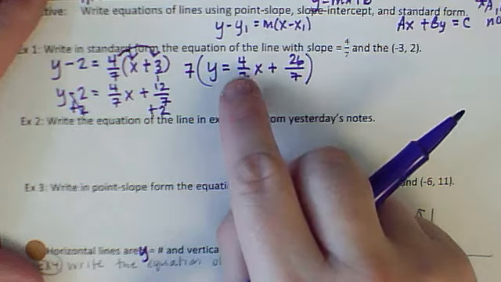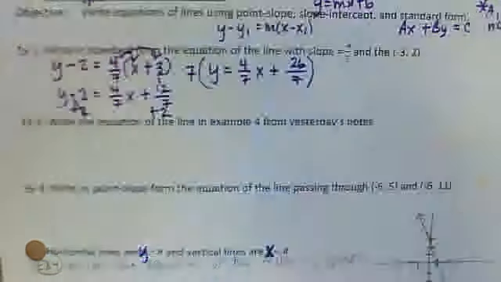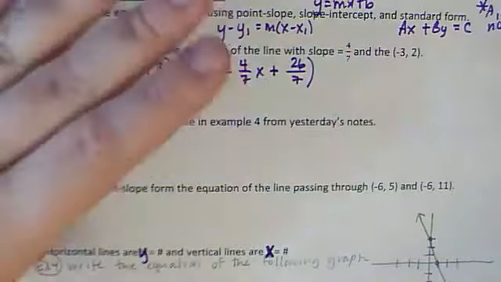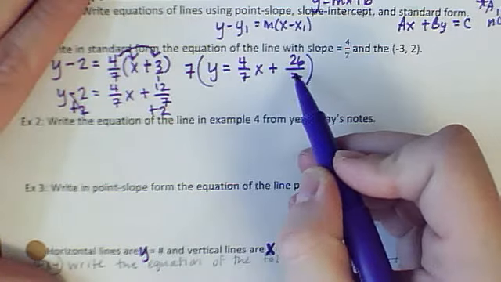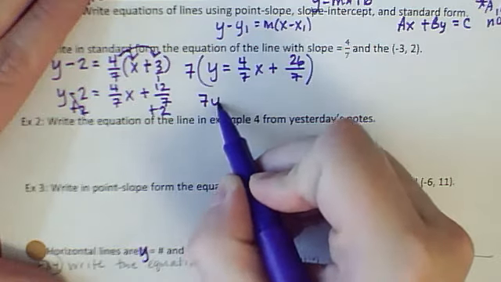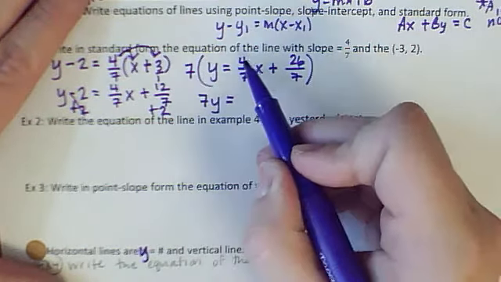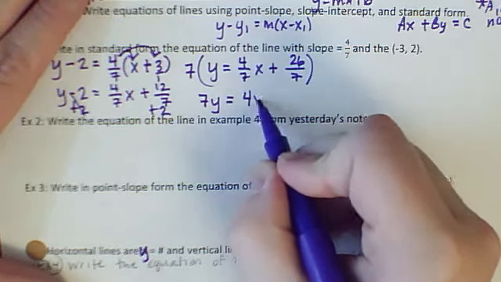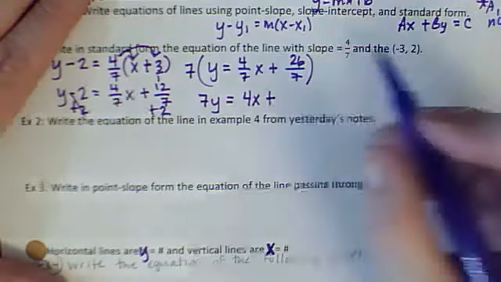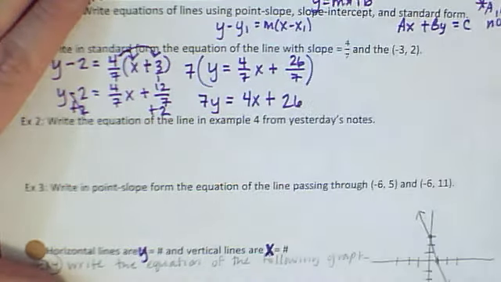If this was 7 and this was 14, then I would need to multiply by 14 in order to get rid of both. So when we multiply by 7, I'm going to multiply each piece by 7. This becomes 7y equals, now 7 times 4 divided by 7, I would end up with just 4. And 7 times 26 divided by 7, I would end up with 26.